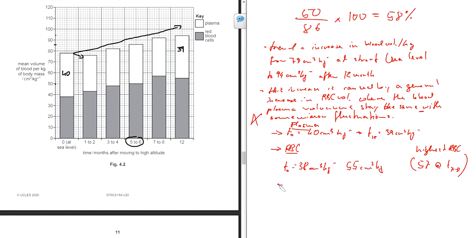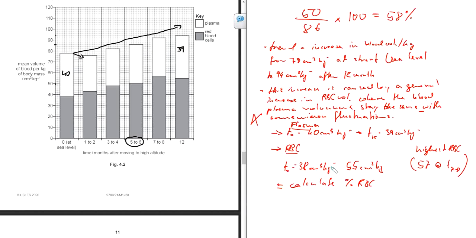I'm not going to do that now, that takes a bit too long, but percentages of red blood cells of total blood volume, which mainly increases as we already said.